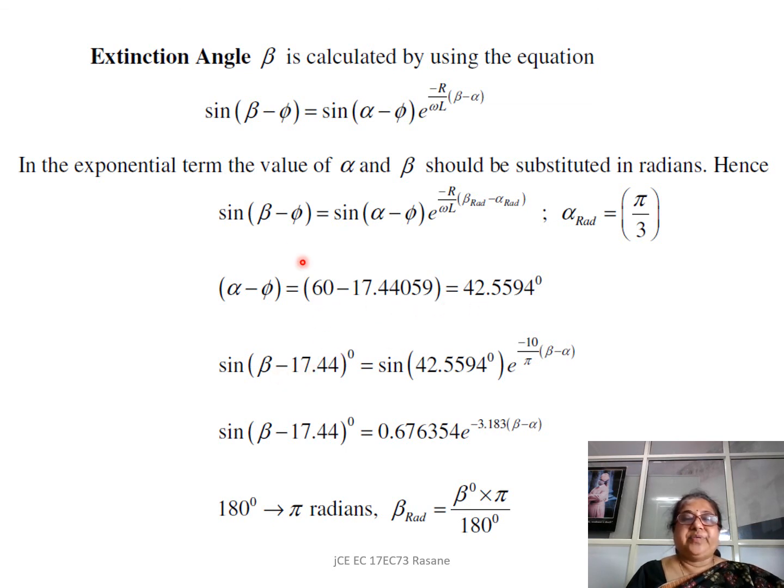And sine of beta minus phi is equal to sine of 42 into e to the power of minus R by omega L, which is 10 upon pi, into beta minus alpha. Solving for this expression, I'll be getting 0.6763 e to the power of minus 3.183 into beta minus alpha.